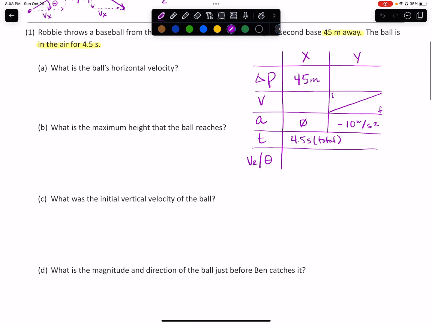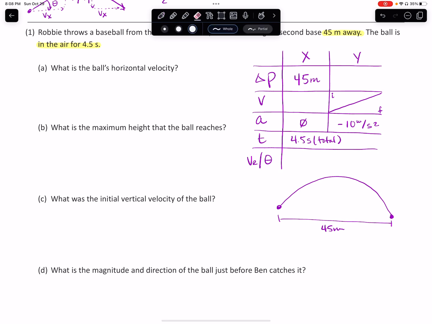The ball starts with Robbie, goes up into the air, and then gets caught by Ben. They're 45 meters apart, and the ball is in the air for 4.5 seconds. What is the ball's horizontal velocity?